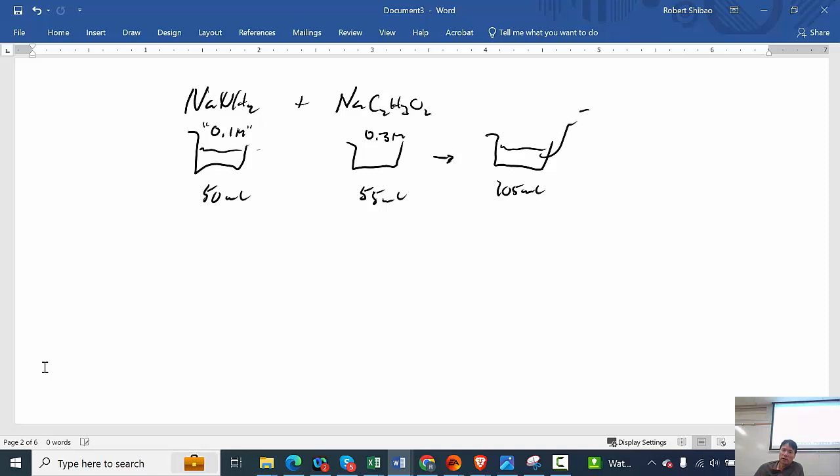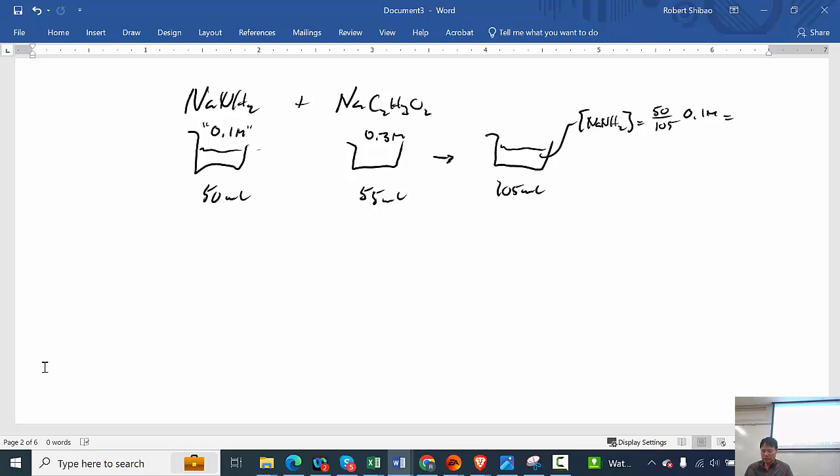And so let's figure out the mixture concentration for sodium amide. What would that be? What's the dilution factor here? 50 over 105, times 0.1 molar. So the number is not going to come out so clean.